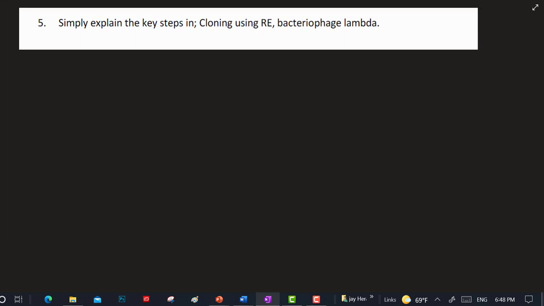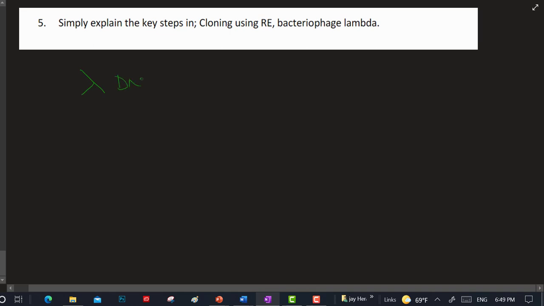So, key steps in cloning using the bacteriophage lambda, right? In this case, we're going to use the infectious quality of the bacteriophage. It goes and attacks the bacteria, so we can use the lambda phage to deliver the DNA we need.